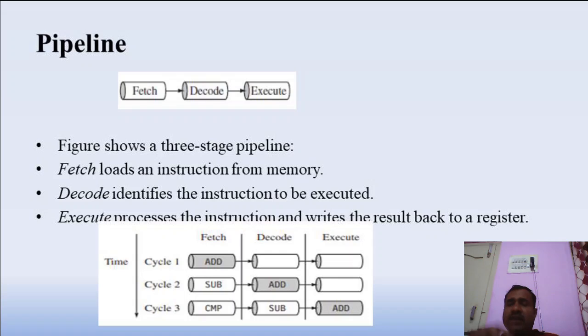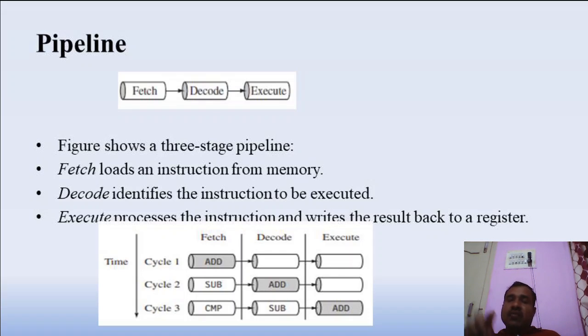That means once it is fetched, the PC is pointing to the comparison instruction now, and add is being executed. So the PC is pointing 8 bytes from the add instruction, because each instruction is 4 bytes.